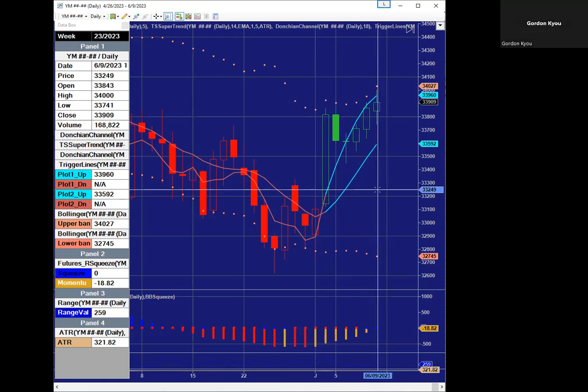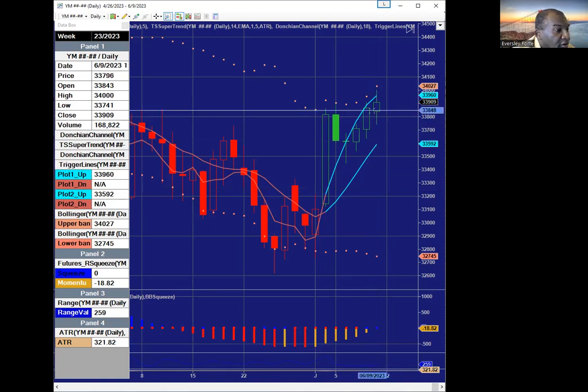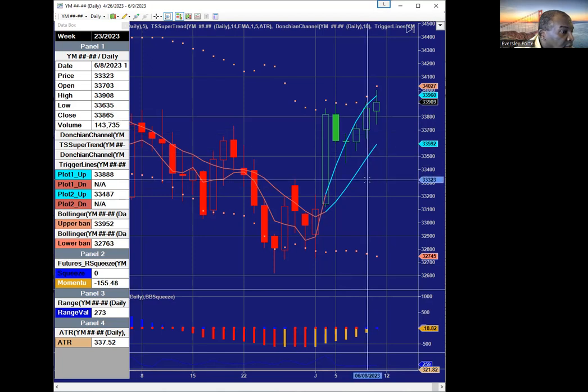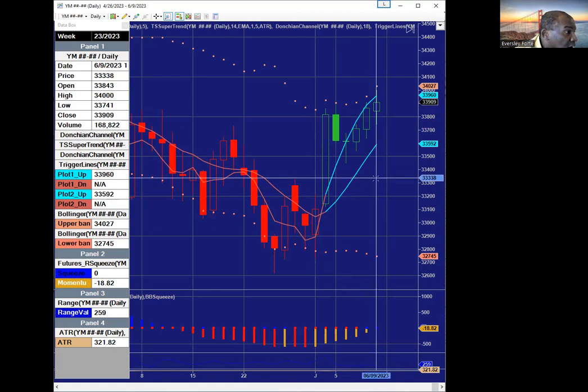Yeah, the September contract rolled way past that. The September contract opened at 33843. The June contract closed at 33865, and the September contract, this date, opened at 33843.